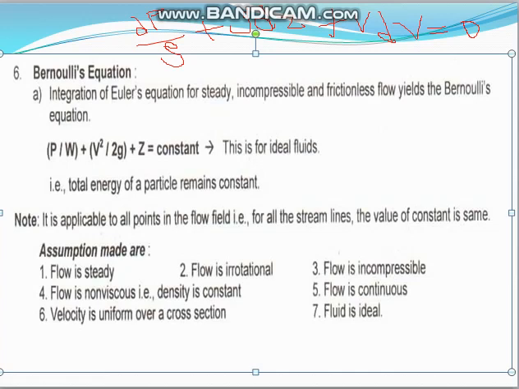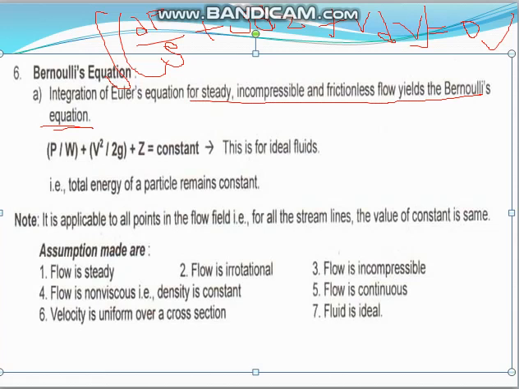So this is the Euler's equation of motion. By integrating Euler's equation of motion for steady, incompressible and frictionless flow, we get the Bernoulli's equation. By integrating this Euler's equation of motion, we'll get it here.